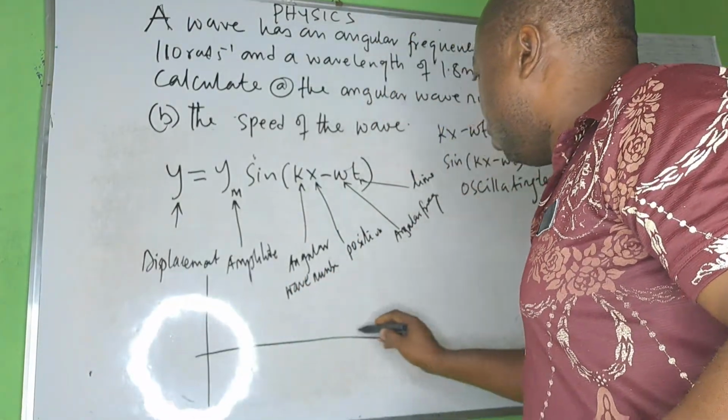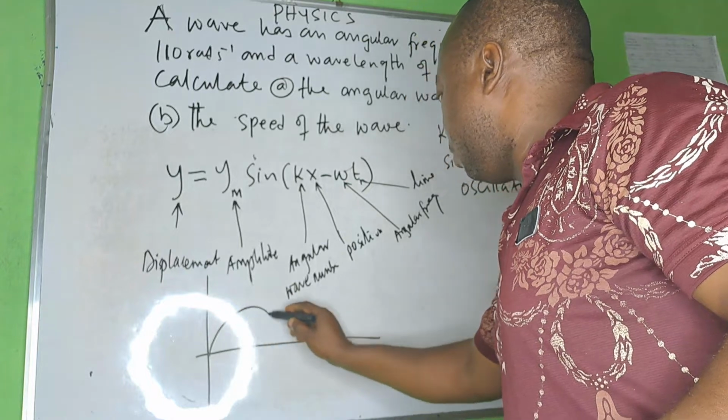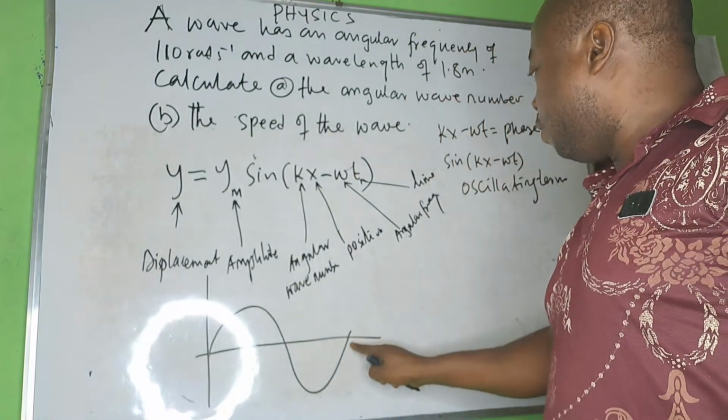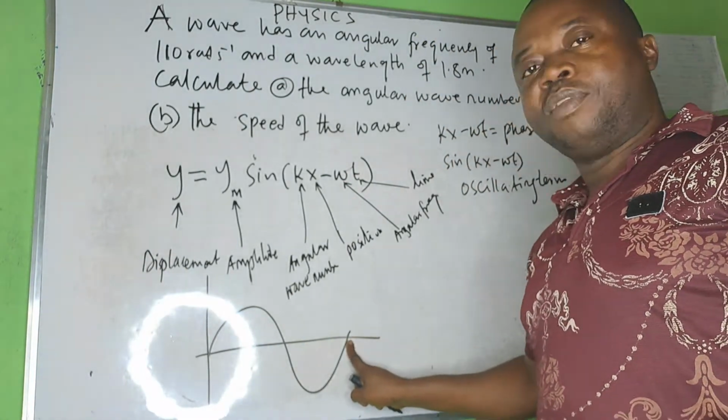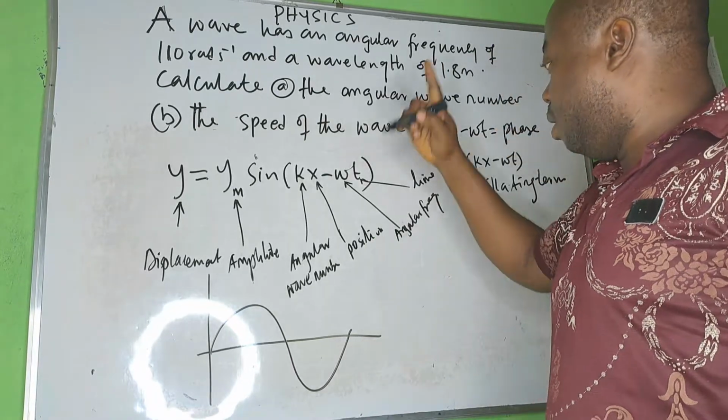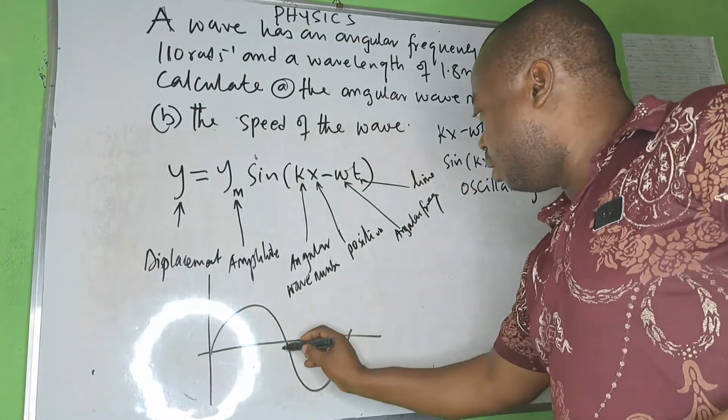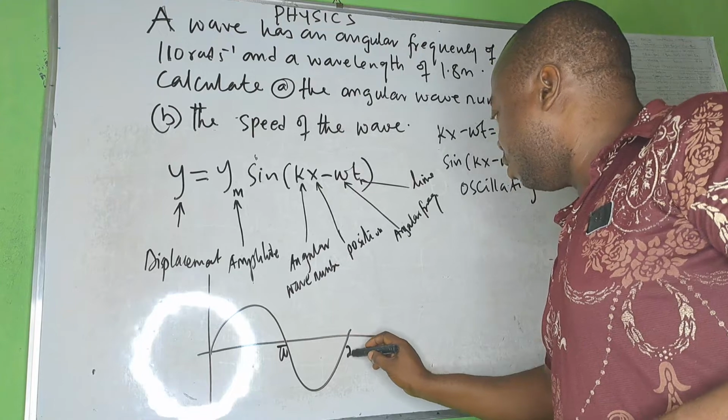This is the sine function. Of course, the sine function repeats itself after 2 pi, that is 360 degrees. Pi radian is 180, 2 pi is 360.